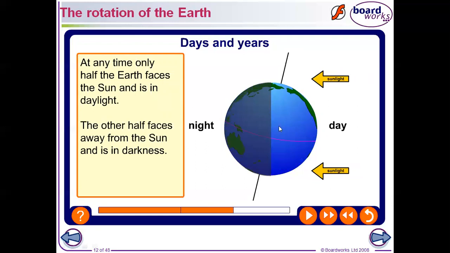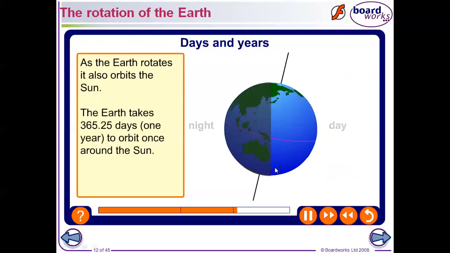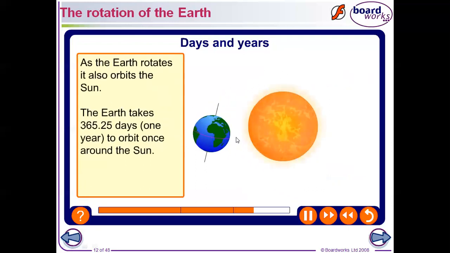If you see the screen here, you notice that part of the Earth, if you cut it into two hemispheres, one part of it is bright and the other part is dark. The part that is bright is actually daytime, while the other side is nighttime as it spins. Notice Australia is going to move to the other side, right?